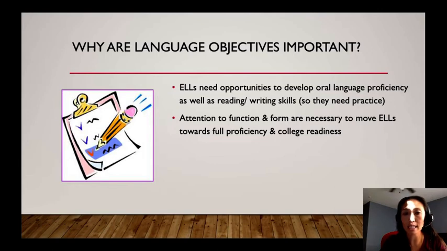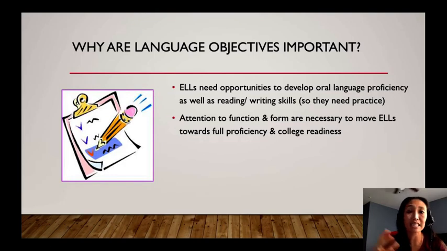It's also important to attend to function and form in order to move English language learners towards full proficiency in college readiness. You'll hear a lot of college professors saying these kids just can't write, or I don't know how they made it into college or through high school because they just don't know how to write correctly. And I think there's a lot of attention paid to how clearly one can communicate the ideas and the content, but not as much in terms of the function and form.